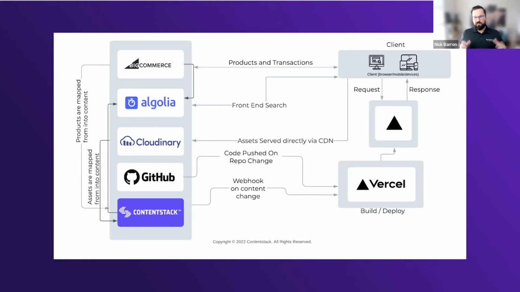So when we were designing this, when we came up with this approach of leveraging BigCommerce, Algolia, Cloudinary, and Contentstack, we also decided on some of the standards that are out there. So things like GitHub, so we could have a public repository that wasn't sitting on some foundation server under my desk, and to make sure that all those changes were going live, and we could all see our changes happening at a moment's notice.